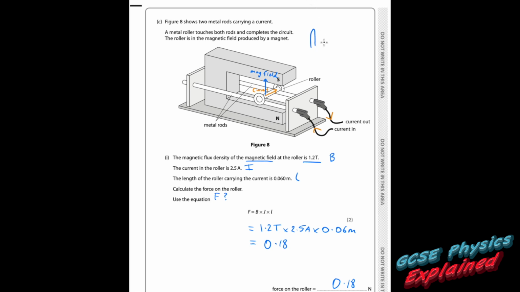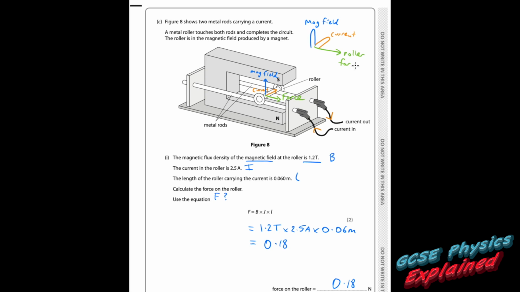Your second finger needs to be the current, so that's sort of pointing in towards the page. Right, that means that your thumb is going to end up pointing that way, going from left to right. So that's the force. So that's the way that the roller is going to move.